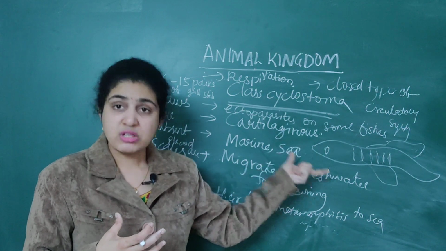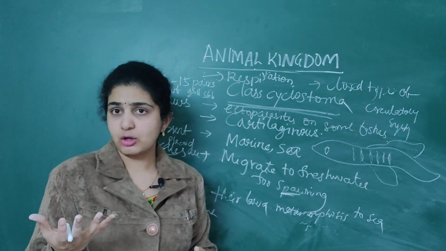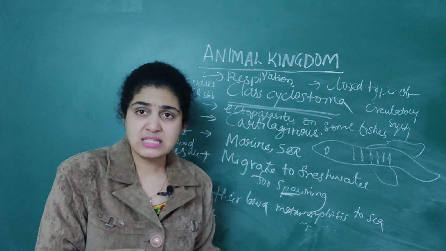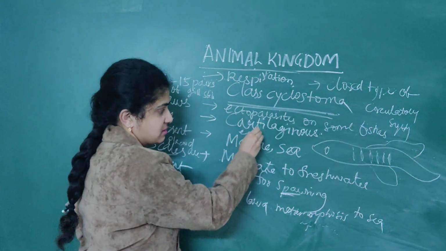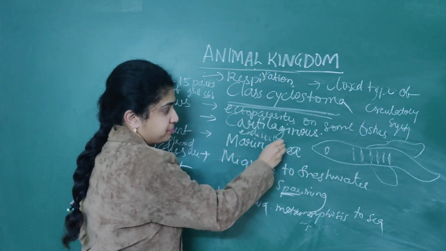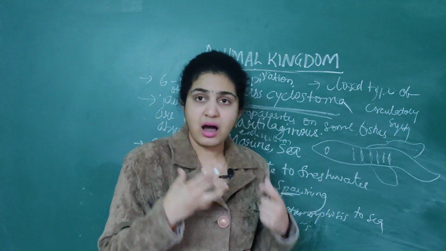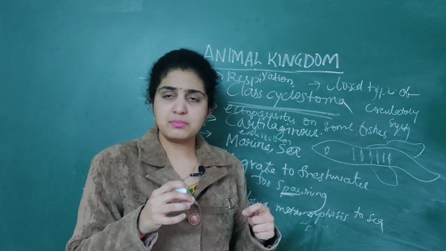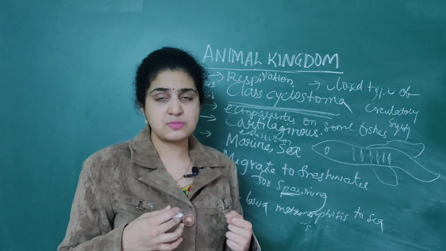It is mostly cartilaginous. Sometimes bony endoskeleton may also be present, but mostly it is cartilaginous, so remember the majority is cartilaginous endoskeleton.